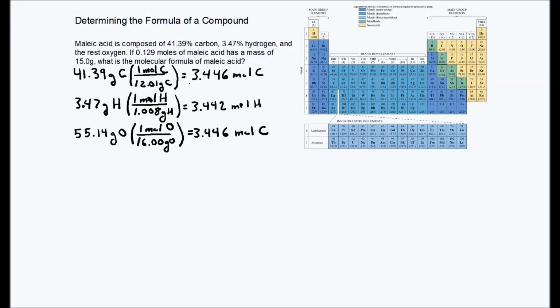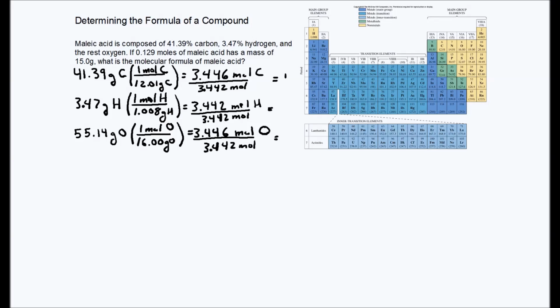we divide everything by that. So divide them all by 3.442 moles. 3.442 moles on the bottom here, 3.442 moles here, and 3.442 moles there. Okay, that's oxygen, by the way.